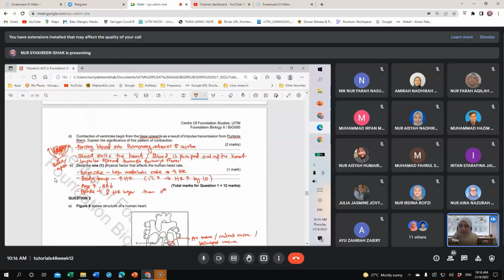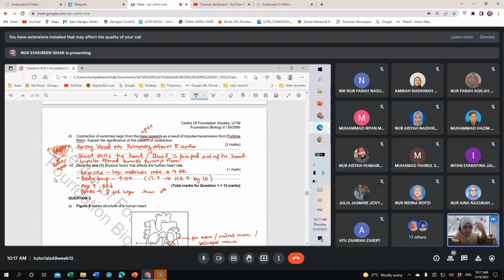Okay, D. Okay, so it says here contraction of ventricle begins from the base upwards. Saya dah cakap hari tu kan, base of the heart is the apex of the heart. Okay, as a result of impulse transmission from Purkinje fibers. Purkinje fibers are the fibers surrounding the wall of the ventricle kan.